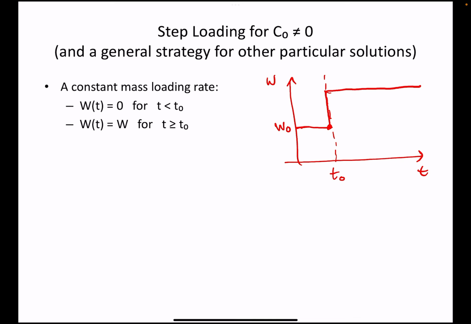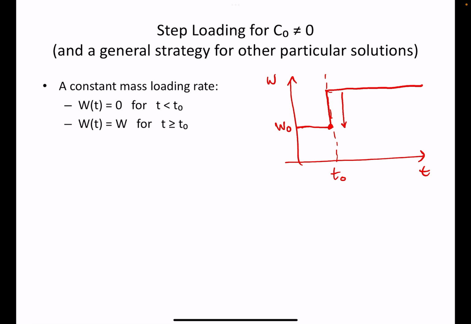We could call this extra loading delta W. Loading is equal to 0 for t less than t naught, and then loading is equal to the new W, which is W naught plus delta W, when t is higher than t naught.